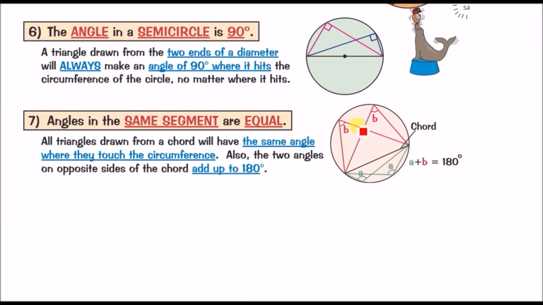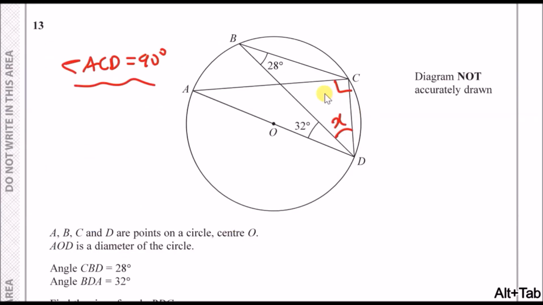So check this out: if this was 10, this would be 10. If this was 20, this would be 20. And also, opposite angles can add up to 180, but we don't have to worry about that for now. In this case, if this is 28, this must also be 28, so we can put 28 here. If this one's 32, this one's also 32, so we put 32 here as well.